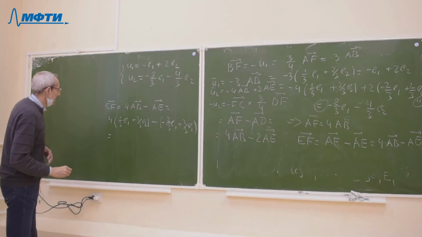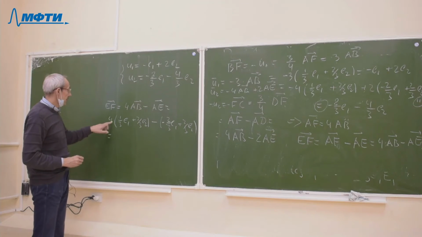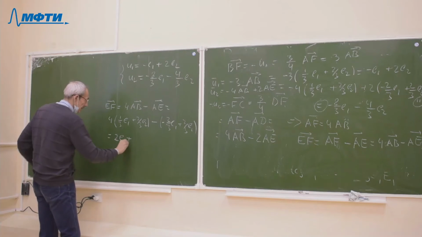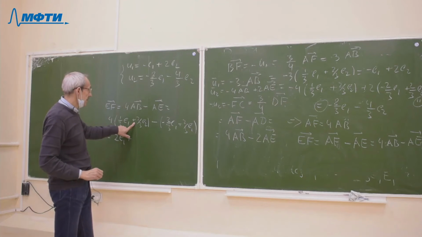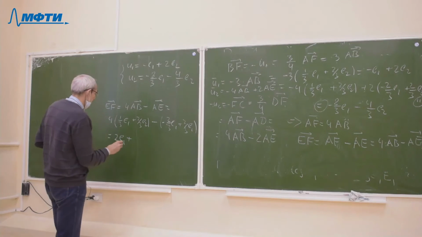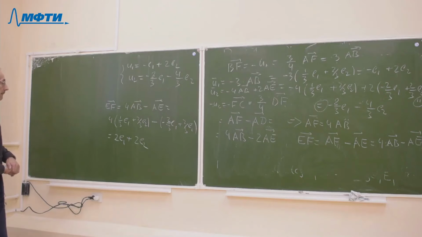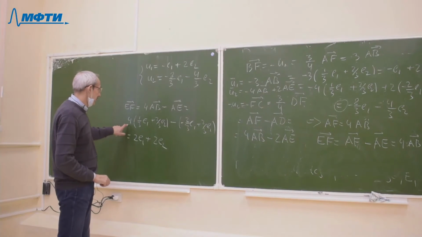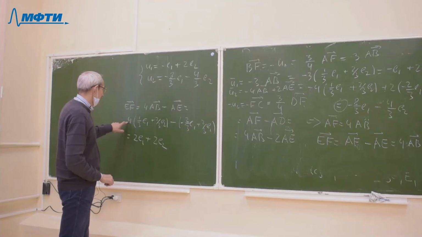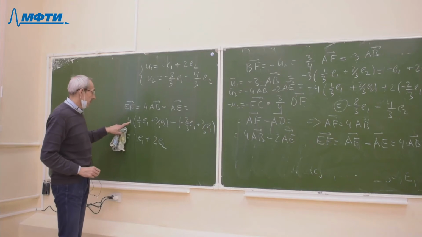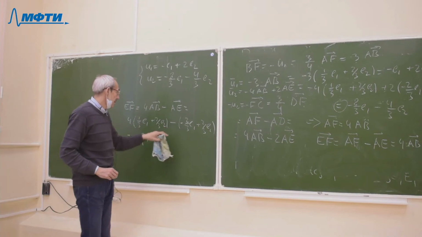And after simple calculation, we obtain the ratio 4/3 plus 2/3, 6/3... Oh, I'm sorry, excuse me, mistake. 4/3 plus 2/3, 10/3.